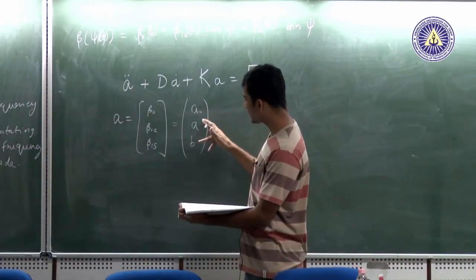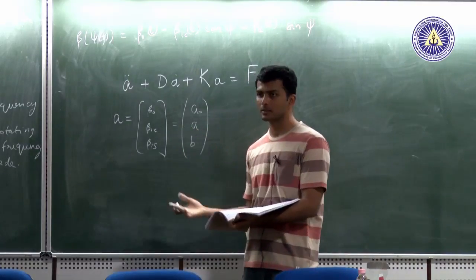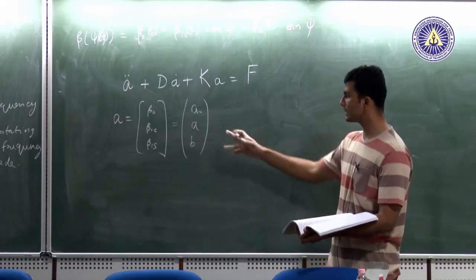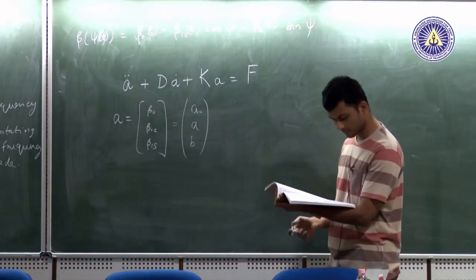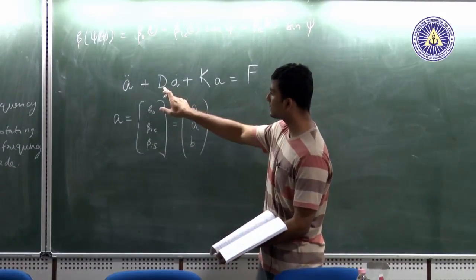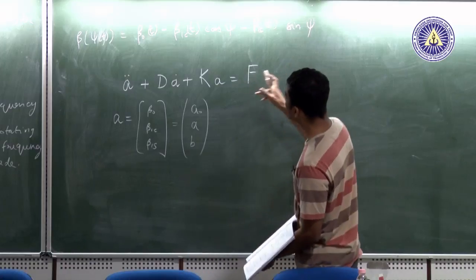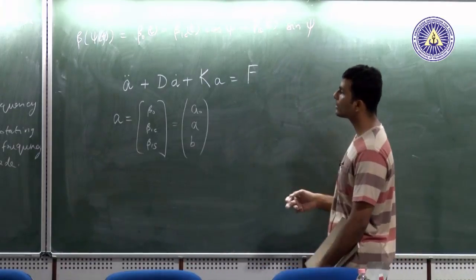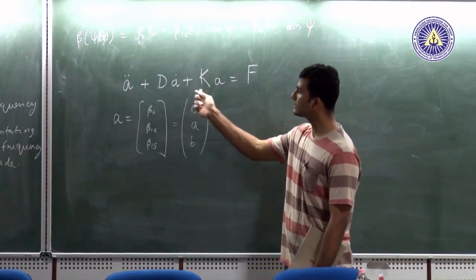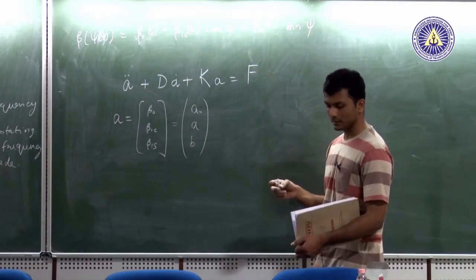So I am going to stick to this because our helicopter that we considered for controller development and other things, we have used this convention. And your D and K are the, so D is the damping matrix and K is the stiffness matrix and F is the forcing term. So if you want to know what these terms are, you have to look into one paper, a NASA technical report by Chen.